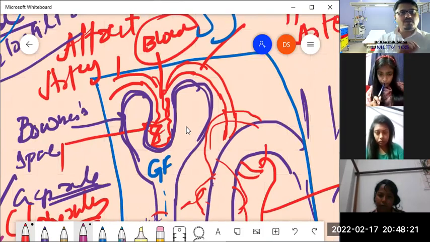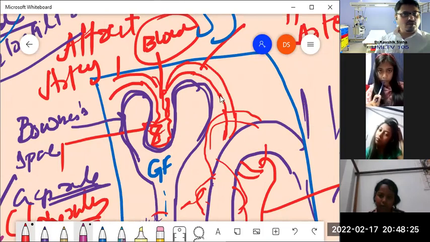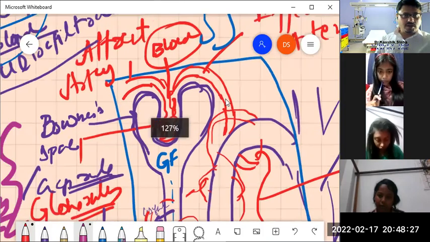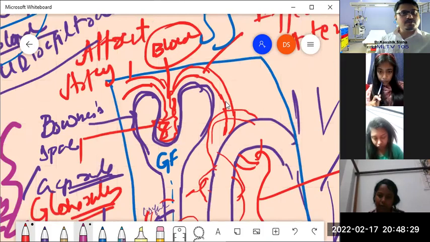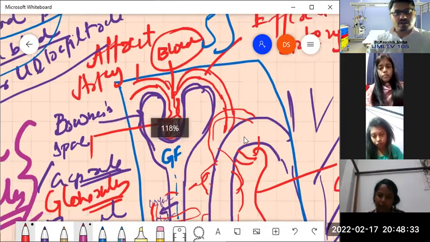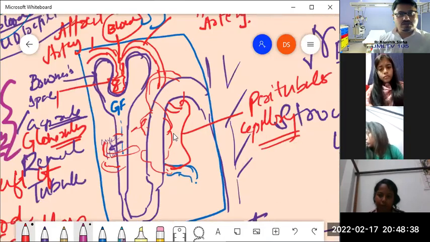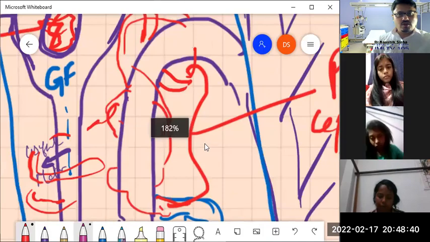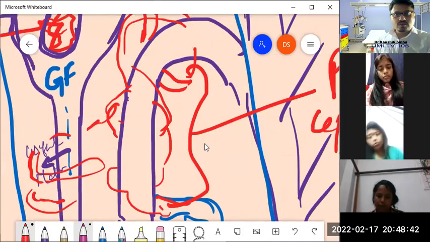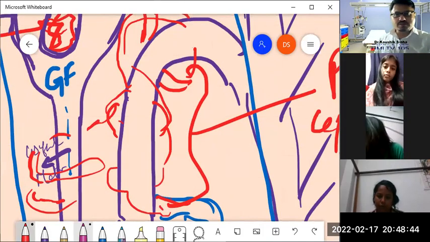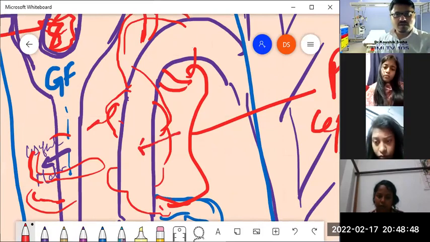Some part of the waste might remain inside the blood of the artery as some residue. Are you understanding? But that residue needs also to be eliminated. And that elimination process occurs in this area, where the movement now takes place from this blood space into the urinary space.